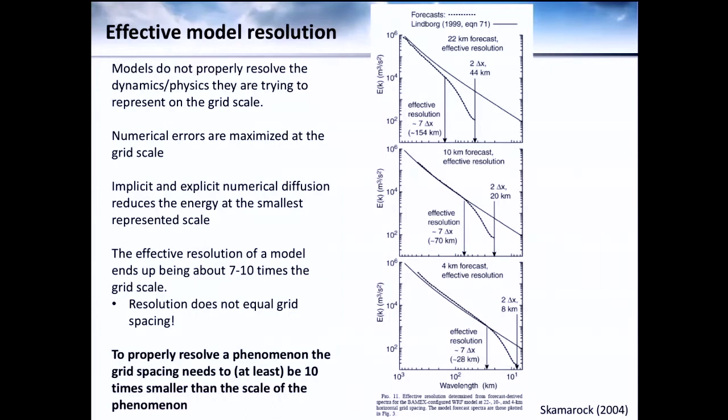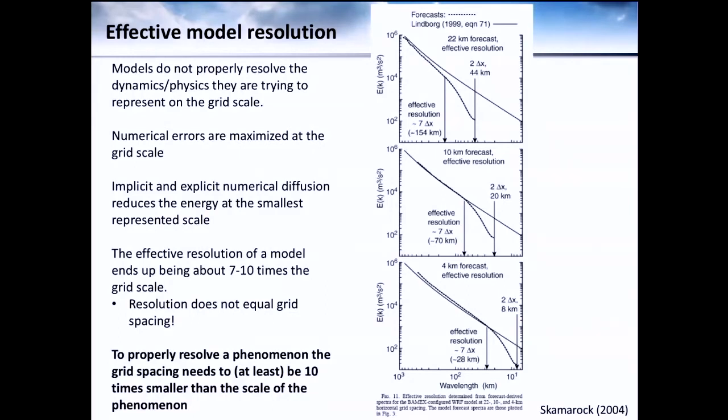What's also plotted here is a theoretical line, but it's based on lots and lots of observations from commercial aircraft to work out what the energy density spectrum of the atmosphere is. It turns out it follows this really nice power law relationship in the mesoscale range of about k, which is the wave number, to the -5/3.